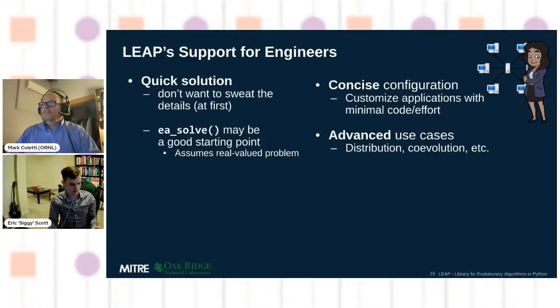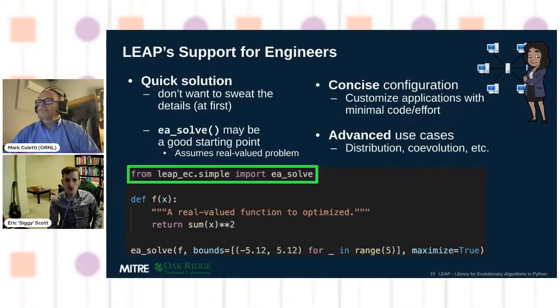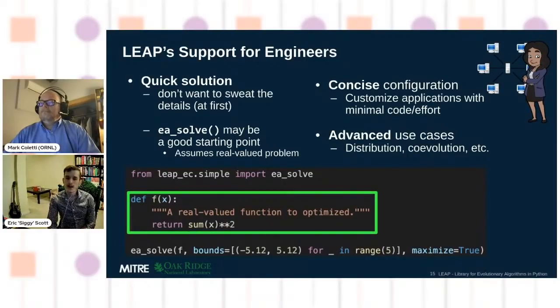distributed evaluation. So with that in mind, here is what the easiest bare bones way to get started with LEAP looks like. First, we import our leap_ec.simple package. This is available in the Python package repository, and this ea_solve function. Then we're going to define a function.